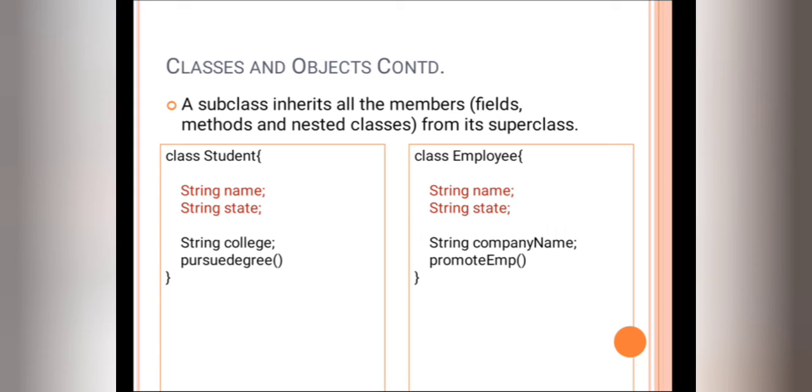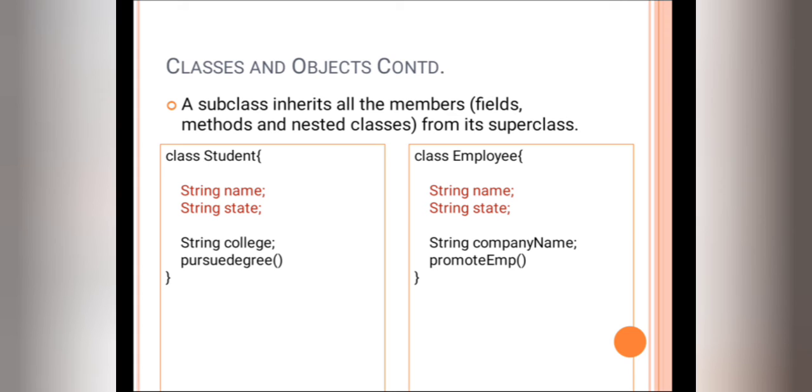In student and employee you can see the declaration of the class. The same string name and string state attributes are there, and one different attribute is there: in class student we have college, and in class employee we have company name. So these are different attributes, but the common attributes are name and state in both the classes, and there are some functions that describe the functionality of that class.